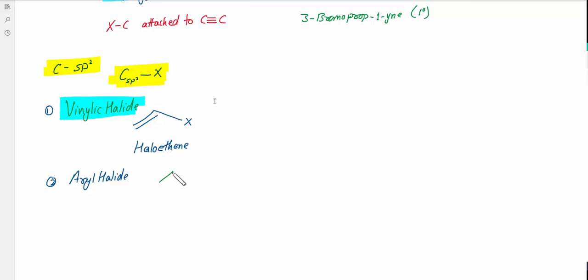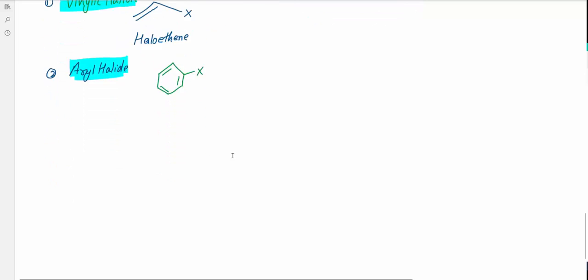So something like this. Now if this halogen is connected to any carbon, that carbon is sp2 hybrid, and that is part of the ring. So this is the second category called aryl halide. Done. And that was about carbon sp2.